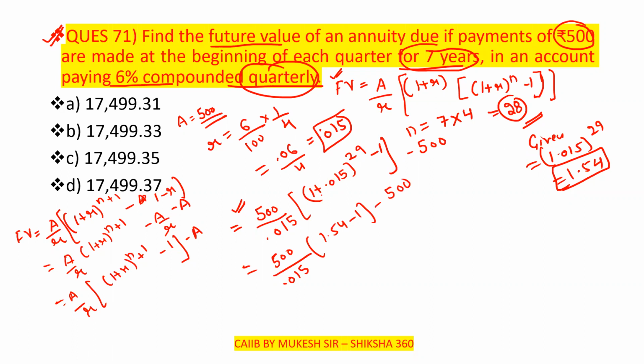So just calculate 0.54 into 500 divided by 0.015. That comes out to be approximately 18,000, minus 500.